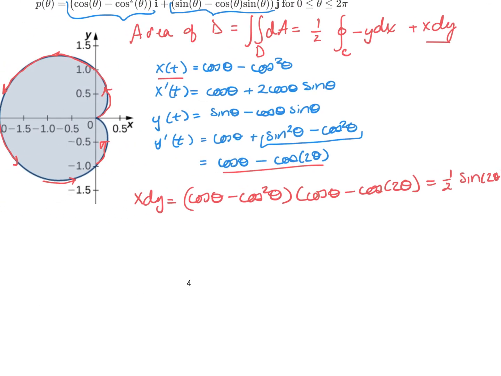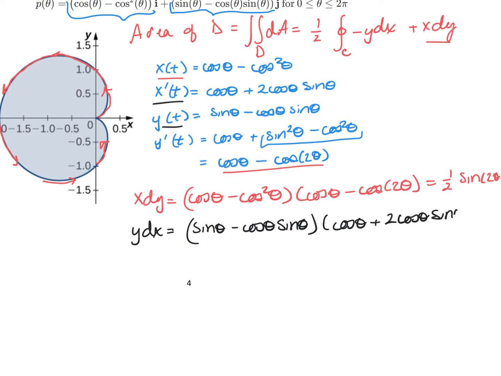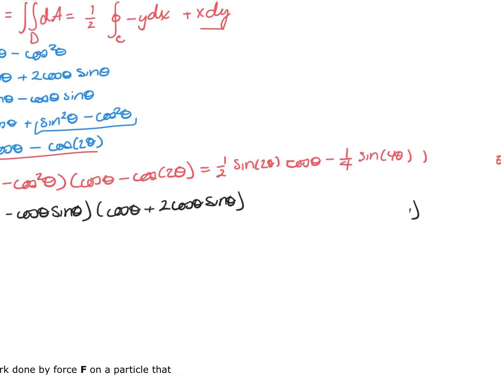I'm going to do the same thing for the y dx, where this is y, so it'll be the sine of theta minus the cosine of theta, the sine of theta, multiplied by this y prime, which is the cosine of theta, plus 2 the cosine of theta, the sine of theta. And once again, I am not going to make you watch me go through all of that and simplify it using all the trig identities.